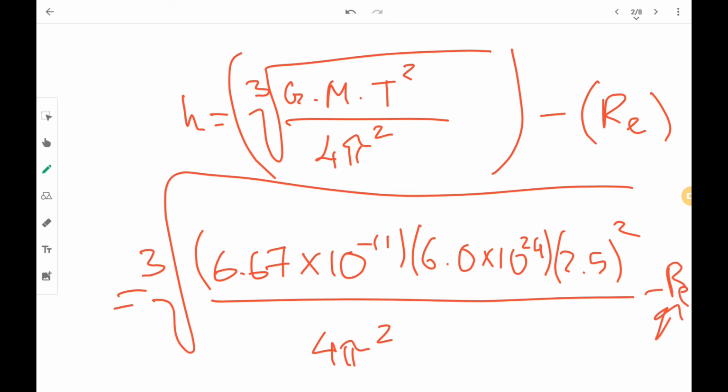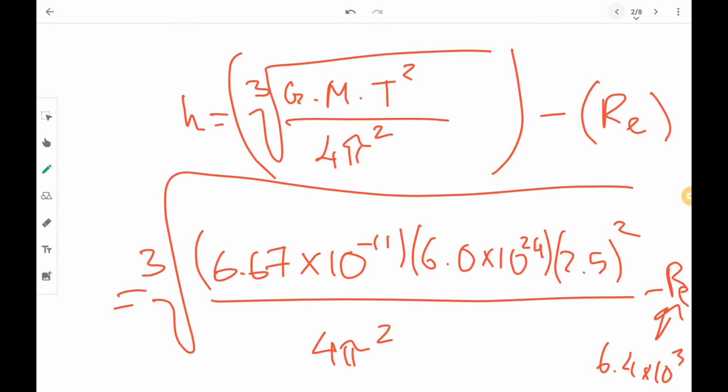They gave it to us, it is 6.4 times 10 to the power of 3. You will get h is equal to 2.96 times 10 to the power of 6 kilometers.